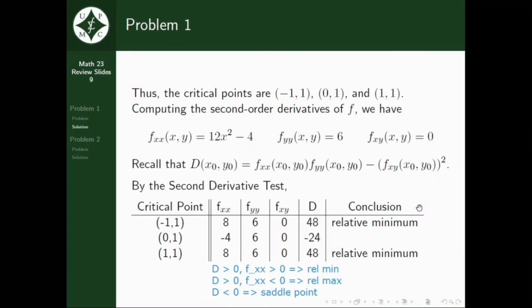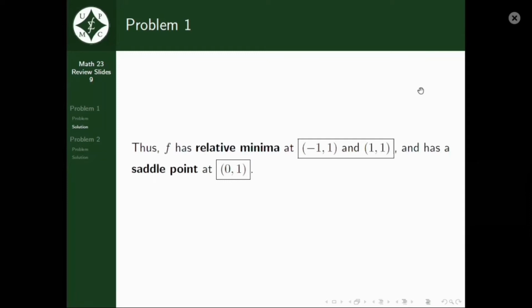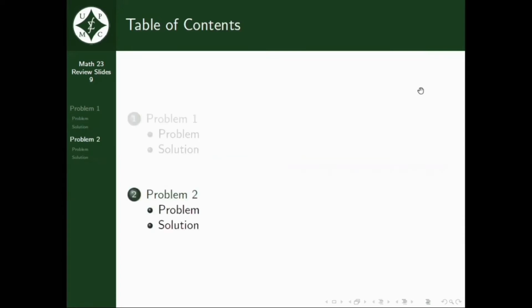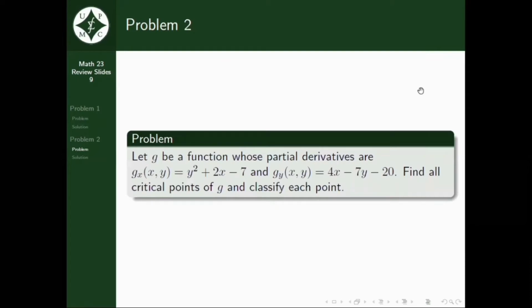However, at 0, 1, since d is negative 24, which is less than 0, it means that at that point we have a saddle point. Hence, f has relative minima at negative 1, 1 and 1, 1, and has a saddle point at 0, 1.